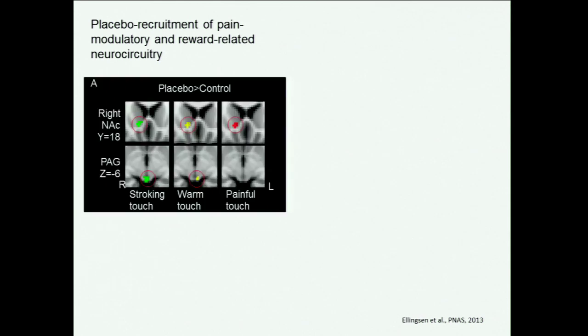Then we looked at more reward-related areas, and when contrasting placebo minus control, there was an increase in fMRI signal in nucleus accumbens and periaqueductal gray during stroking touch, the same for warm touch, and an increase in nucleus accumbens for painful touch.